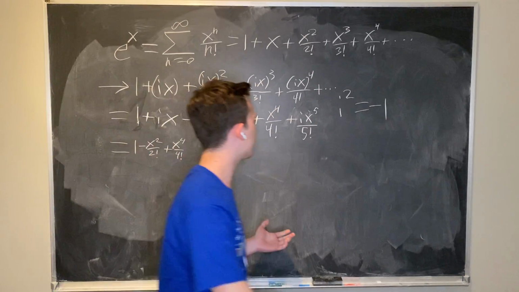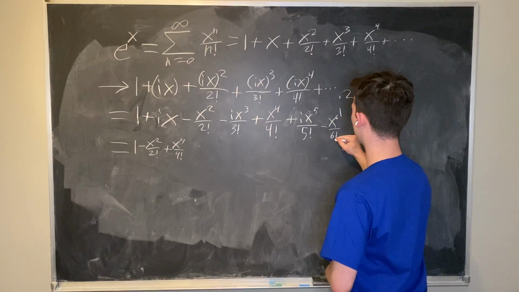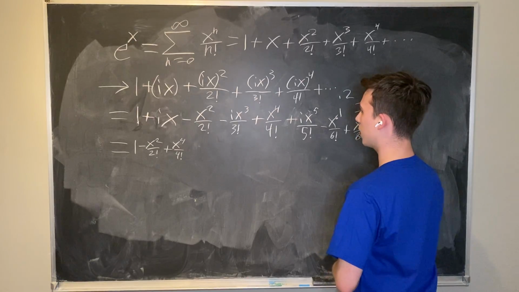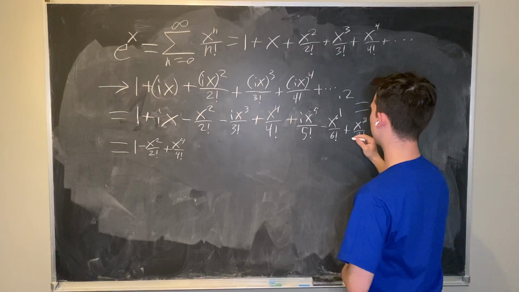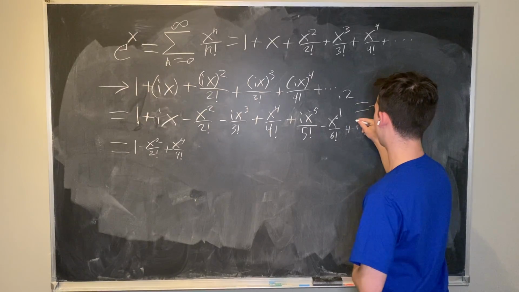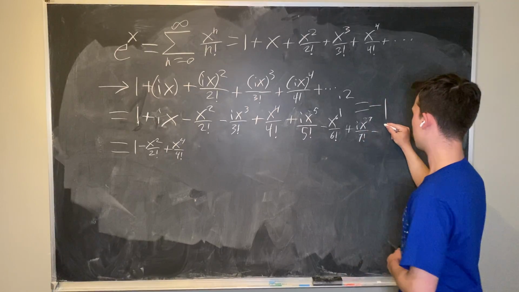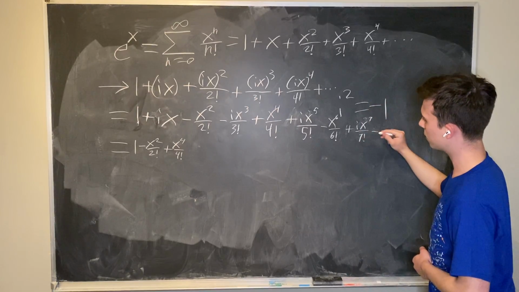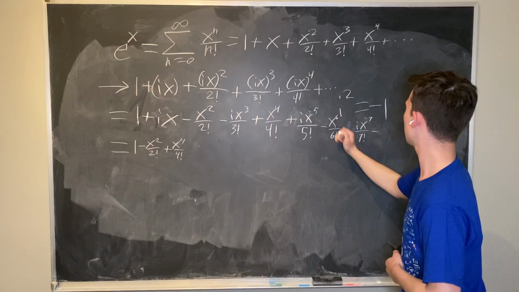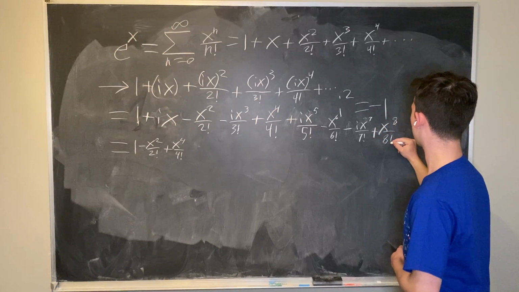And if you follow this pattern, you see that we end up getting minus x to the 6 over 6 factorial plus x to the 8 over 8 factorial, and so on. But we also end up getting plus ix to the 7th over 7 factorial minus, so minus plus, yeah, no, it should be minus, and so on.